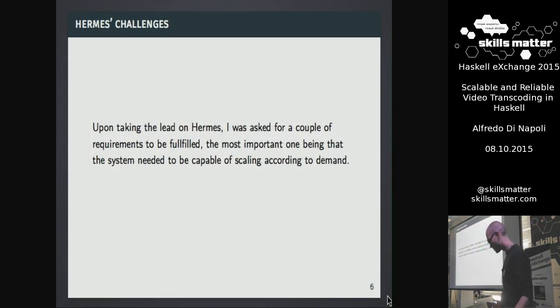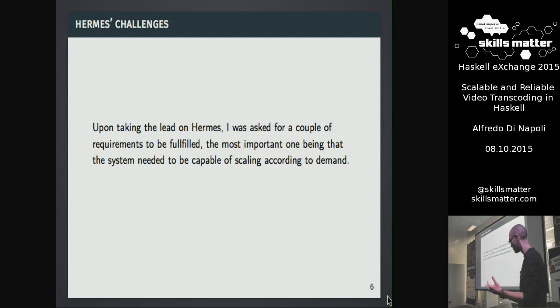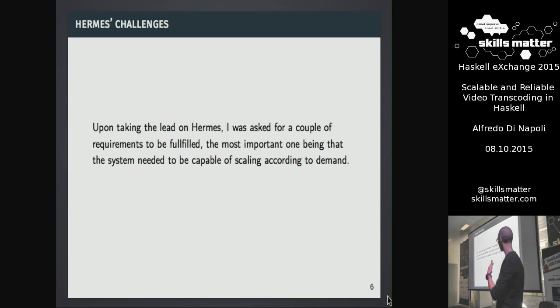So in terms of Hermes challenges, when I came on board and decided to take the lead on the project, the business was really clear on one of the main requirements. One of the frustrations of version 1 of the platform was this monolithic, beastly, very powerful Amazon machine, sitting there and just crunching videos as they came along.